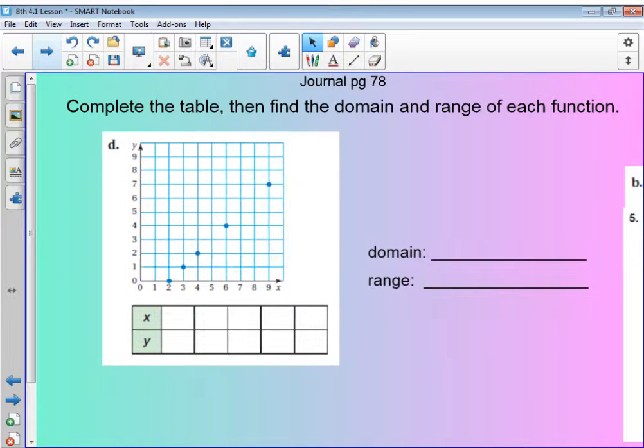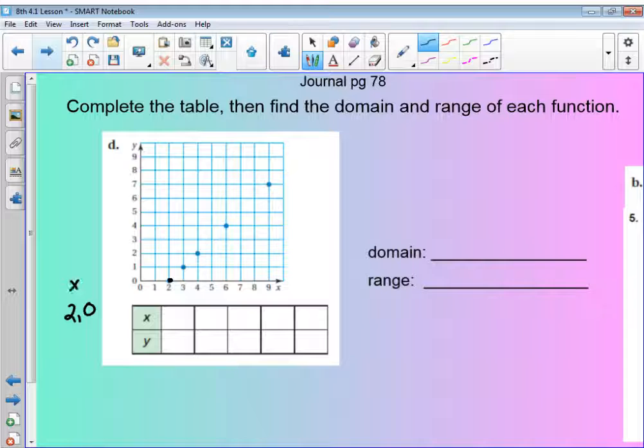Okay, so A, you're going to actually do independently. I'm trying to do the ones that are a little more complex. Okay, so letter D, we have a set of coordinates here, or a graph, and they want us to write the domain and ranges. So remember, when you do domain and range, those are your X's and Y's, your XY coordinate set. Okay, so for example, this point would be over to 2 up to 0. That would be 2, 0.